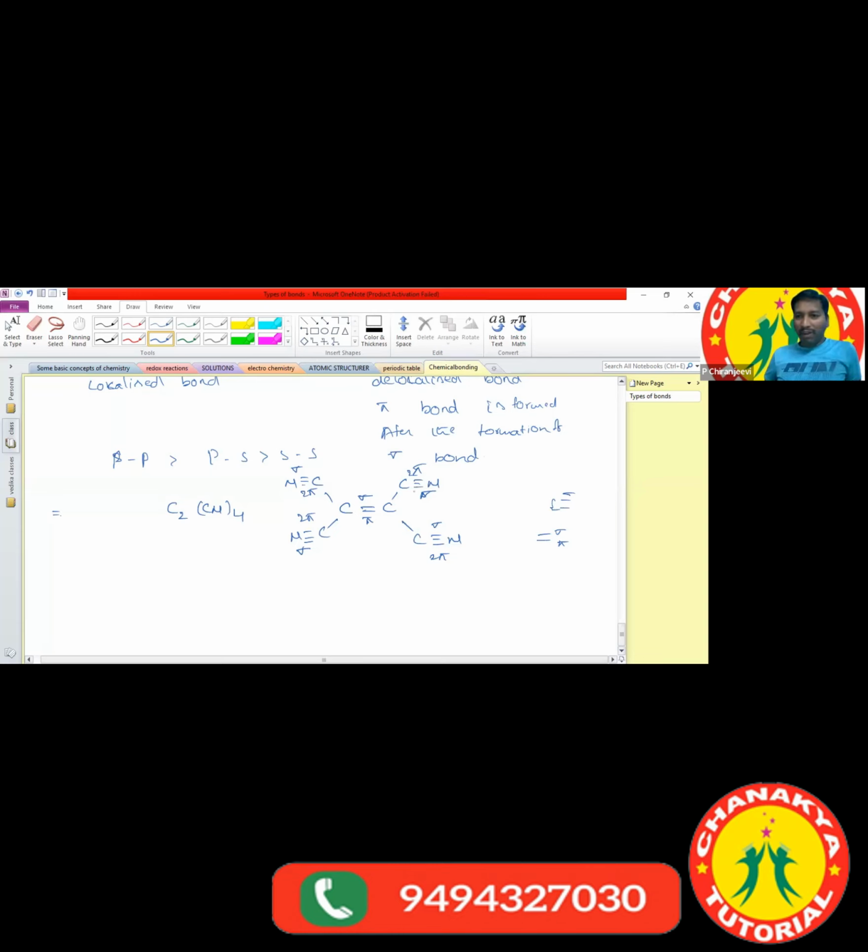Still anyone having doubt? How did you get 9 and 9? 9 sigma bonds and 9 pi bonds, the ratio is 1:1. Still anyone having doubt?